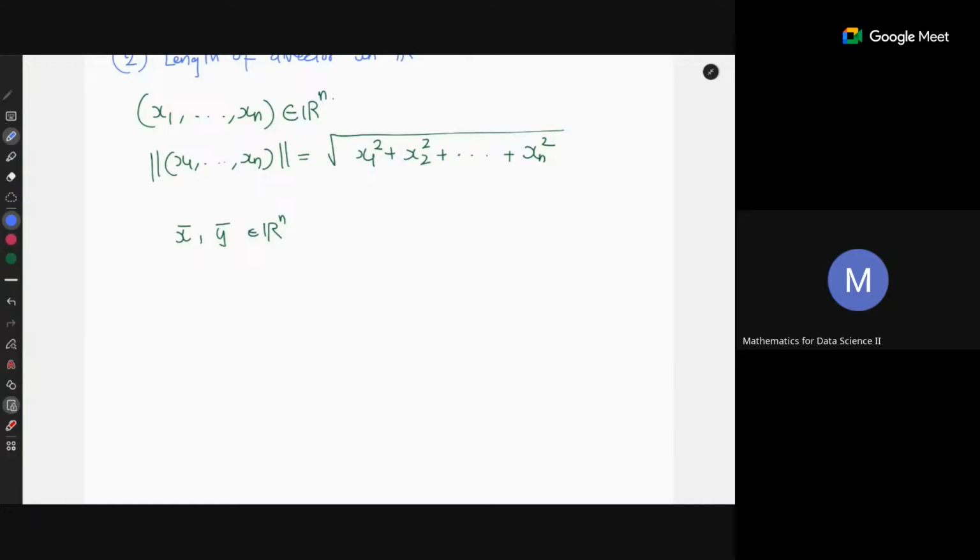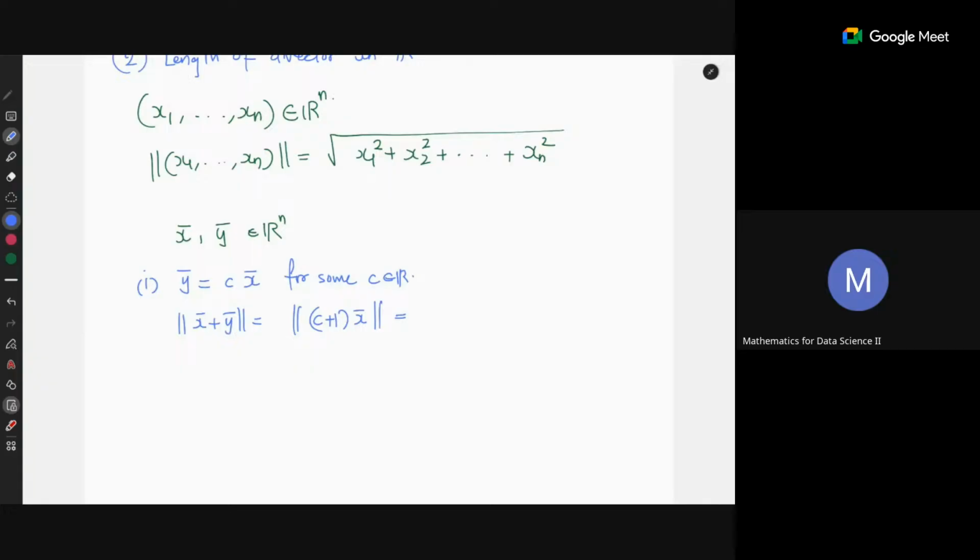So this is the first case. Suppose they are dependent, so that means y is some c times x, for some c in R. Then what is their sum? Their sum will be just x plus y, which is c plus 1 times x.